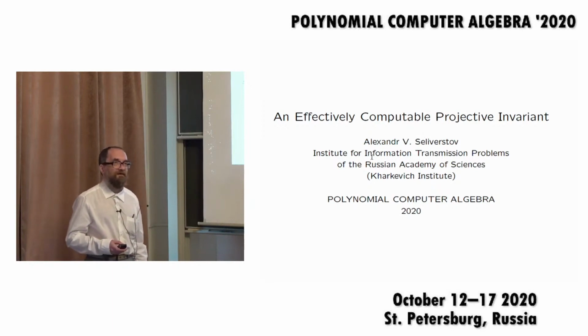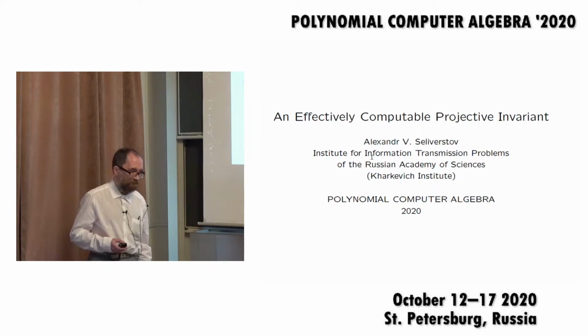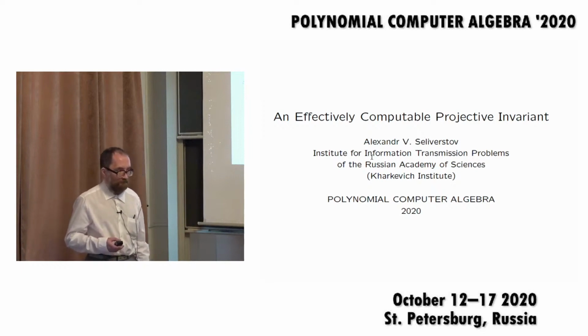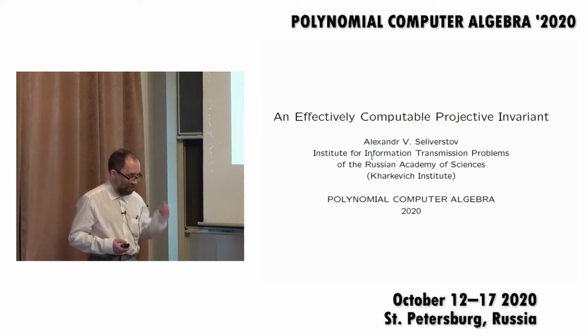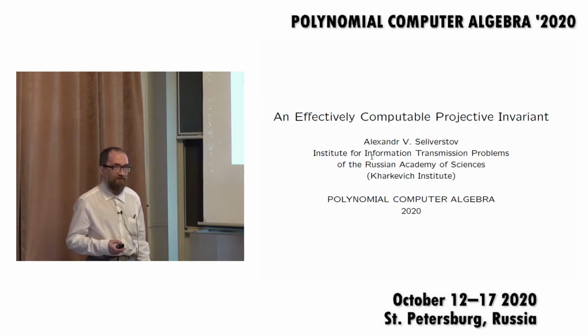I shall consider some projective invariant of complex hypersurfaces. At first, this invariant was introduced in 17, and in fact, a simple version for plane curves is known from the 19th century, though I will extend the Plücker formula.